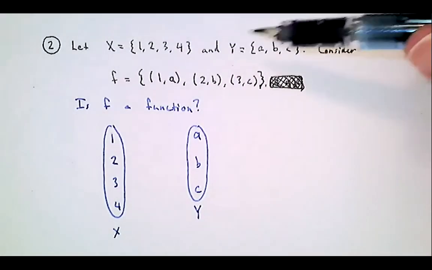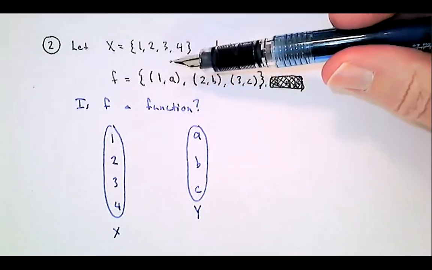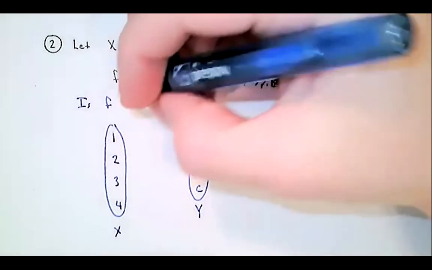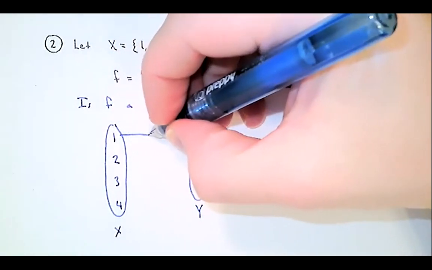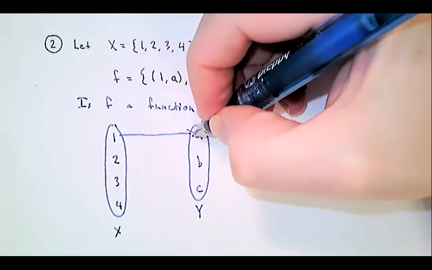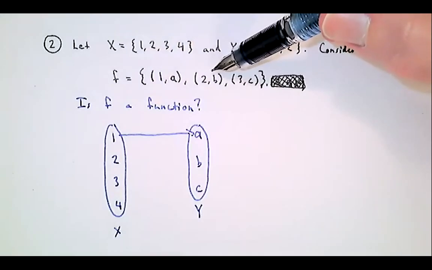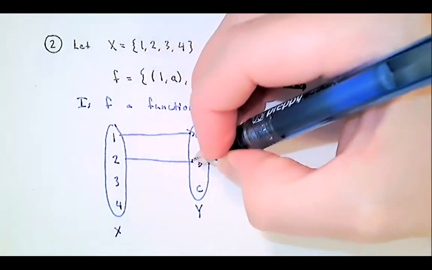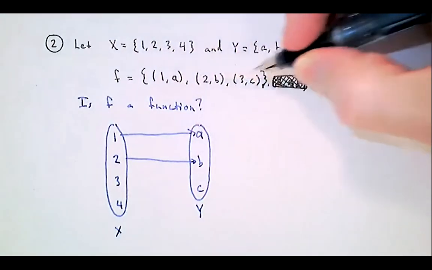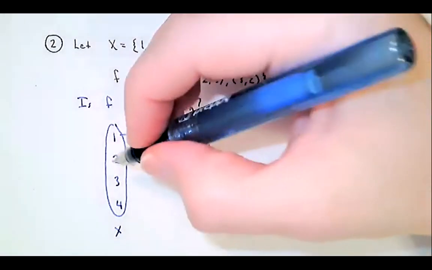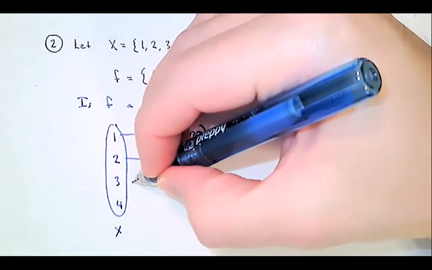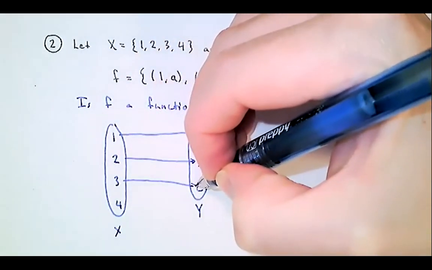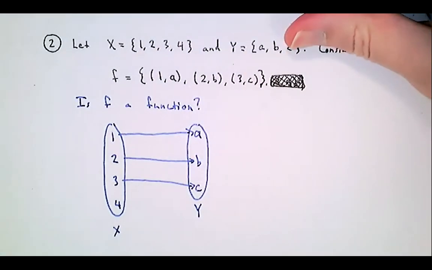And now we'll look at our ordered pairs, and we'll draw an arrow for each of them. So we'll get an arrow from 1 to A. From the first ordered pair, an arrow from 2 to B. For the second ordered pair, and then the third ordered pair will get an arrow from 3 over to C. So is this a function?